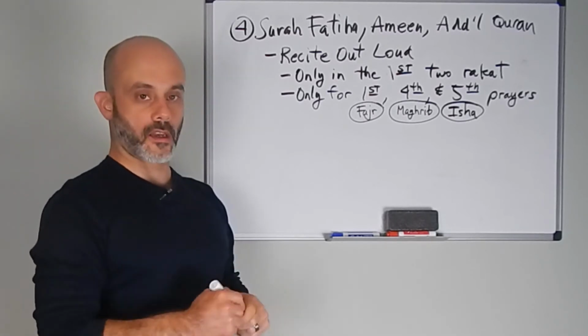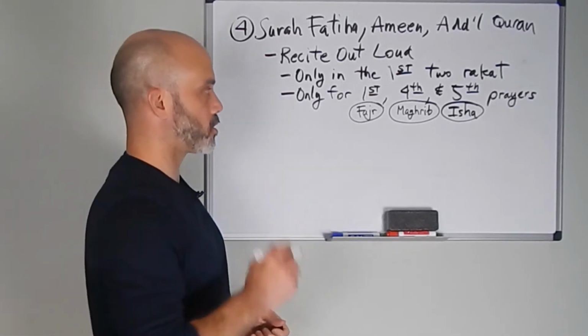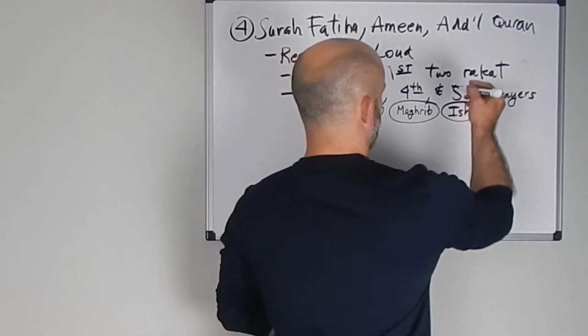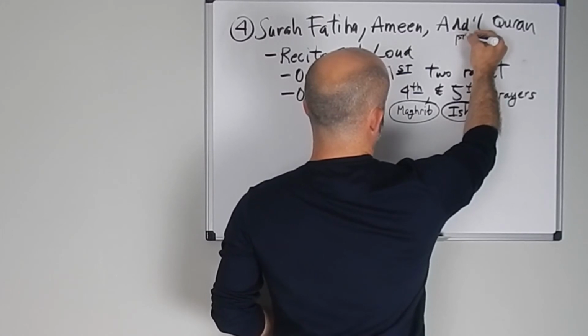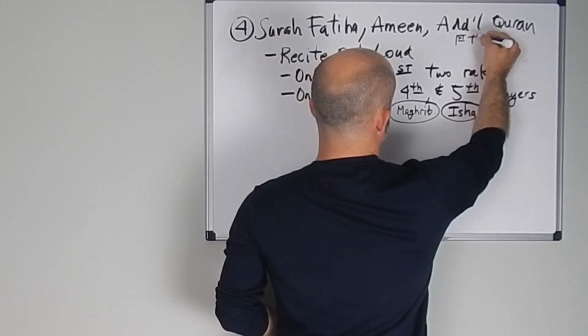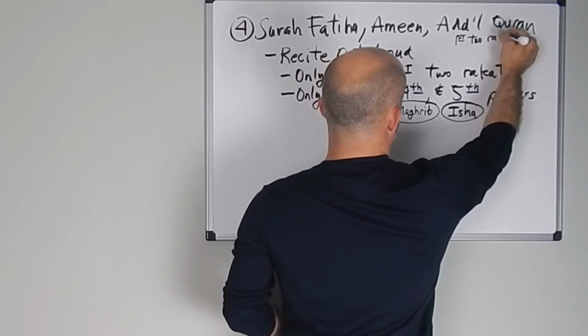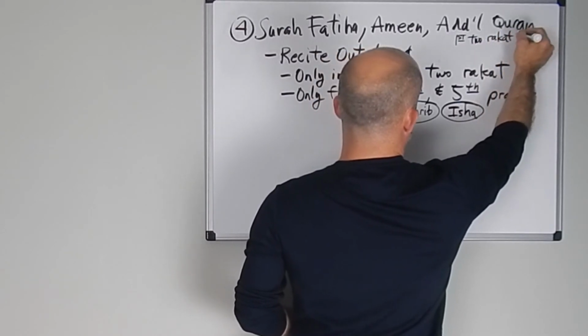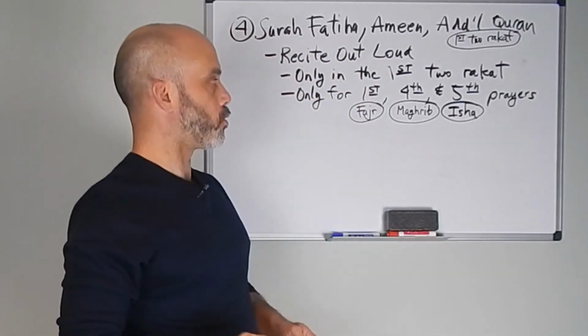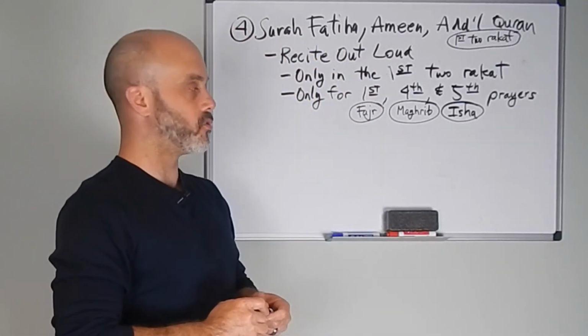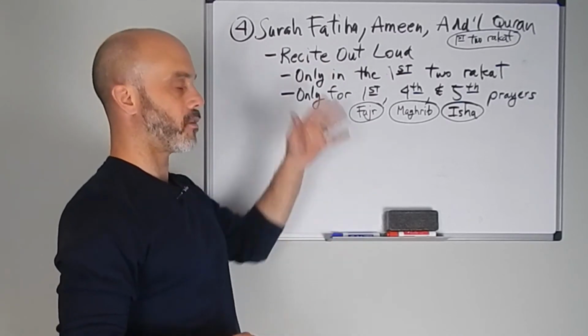A quick rule here about the additional Quran is that you'll be reciting additional Quran only in the first 2 rakat. Okay, so that's another quick rule, which actually doesn't have to do with is it silent or out loud?